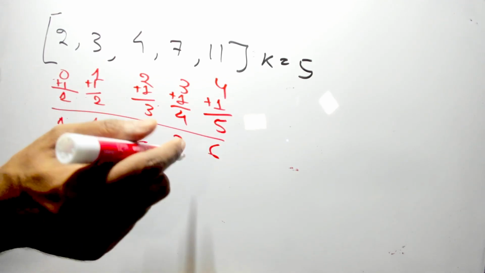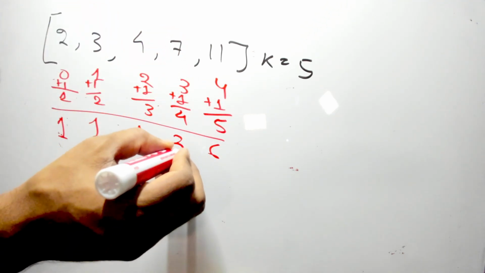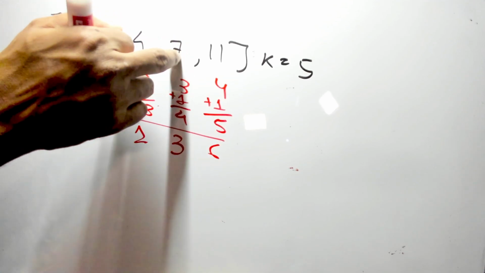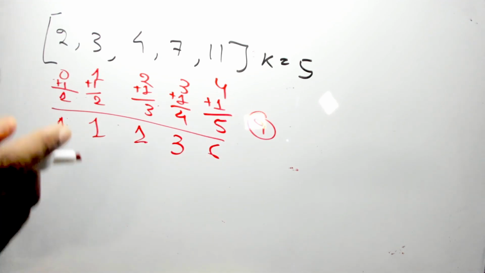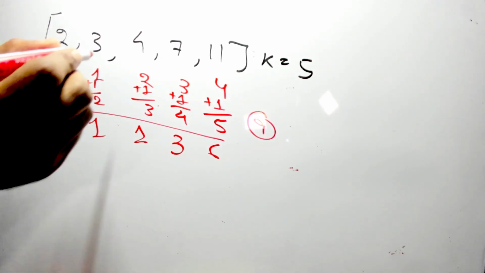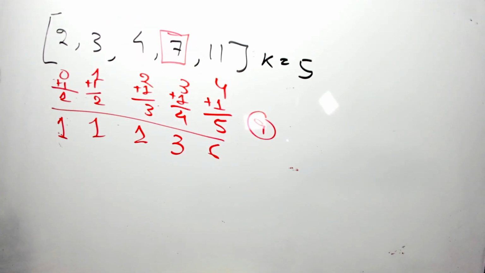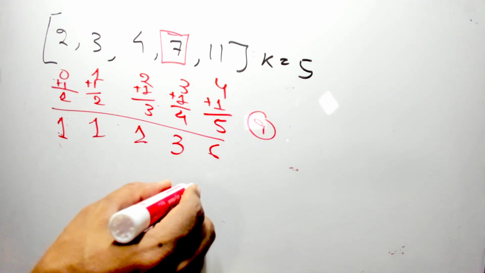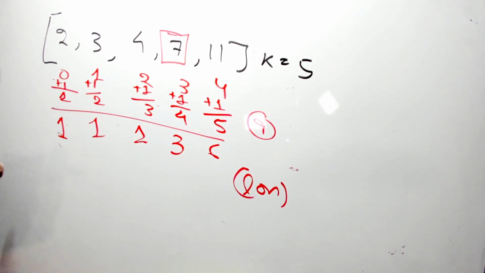How much should we add to 7? 5 minus 3 is equal to 2. If we add 2 to 7, we get 9, and that will be the answer. To find this 7, we can now implement binary search, and that will reduce our problem to O(log n).